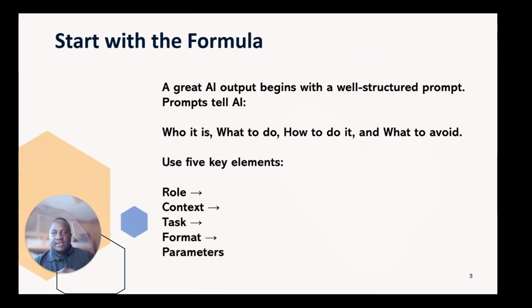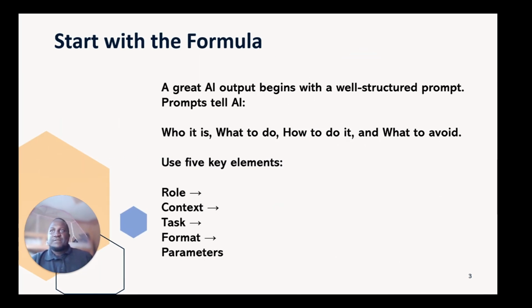Before we get started with our cleaning, we must build a clear prompt. The formula that I'm about to show you ensures that AI understands your expectation and cleans data accurately.